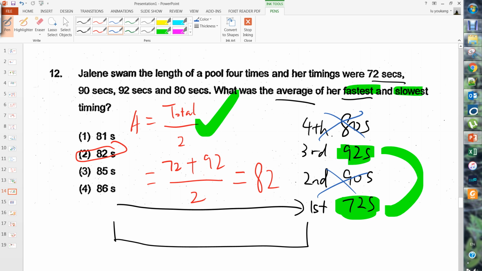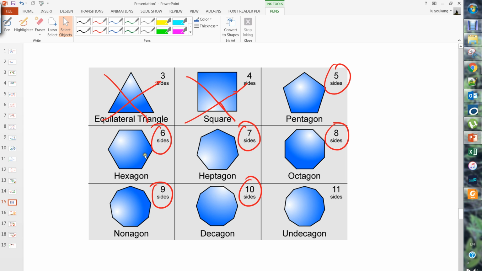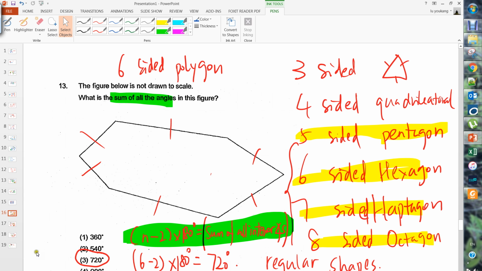They don't want all, right? Okay, next. Go back, memorize this. And there is a formula for it. Bracket a minus 2 times 180 is equal to all interior angles. Very good.